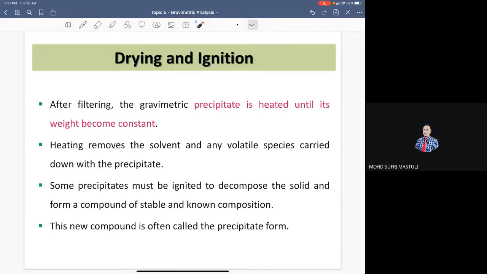Heating can remove the washing solvent and any volatile species carried down with the precipitate. Some precipitates must be ignited to decompose the solid and form a stable form of known composition. This new compound we call the precipitate weight form.